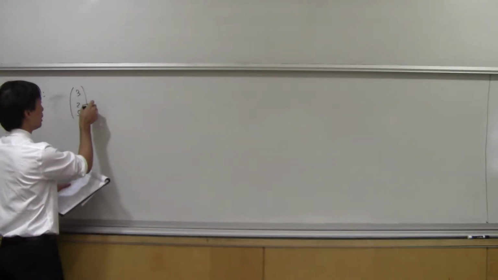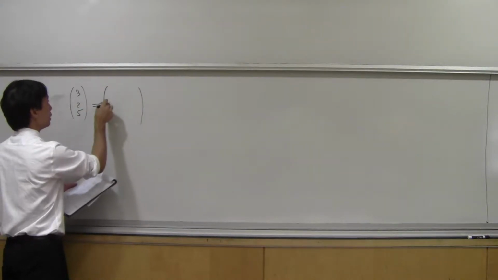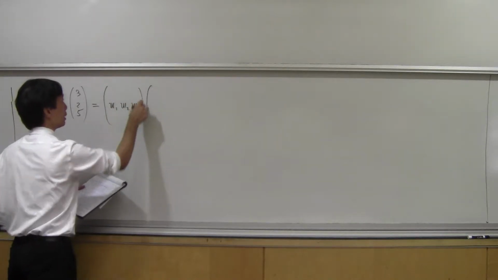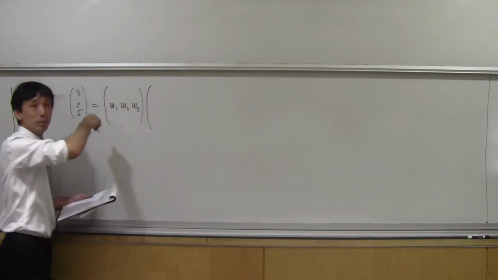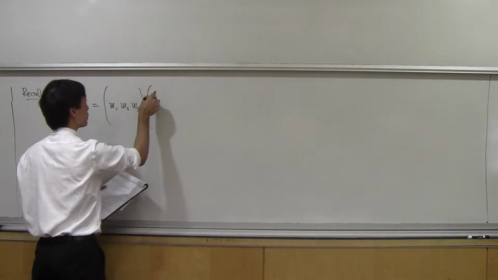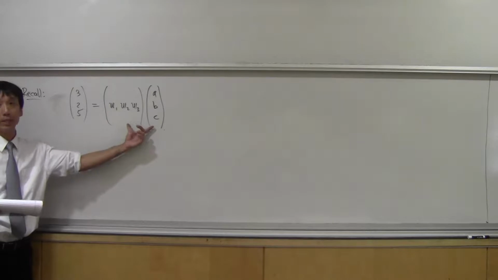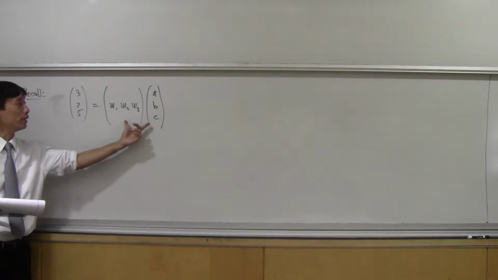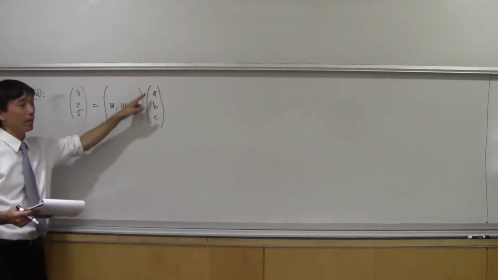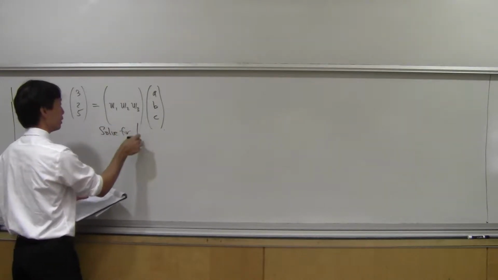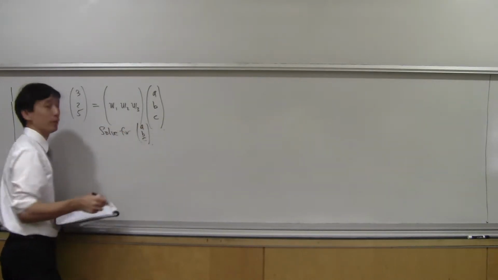We said what we needed to do was take u1, u2, and u3 and put them as the columns of some matrix, and then just solve this for a, b, c.